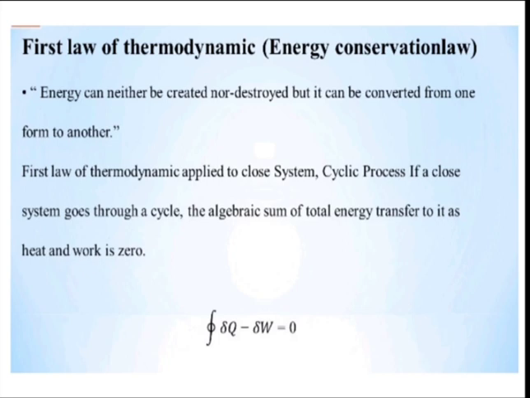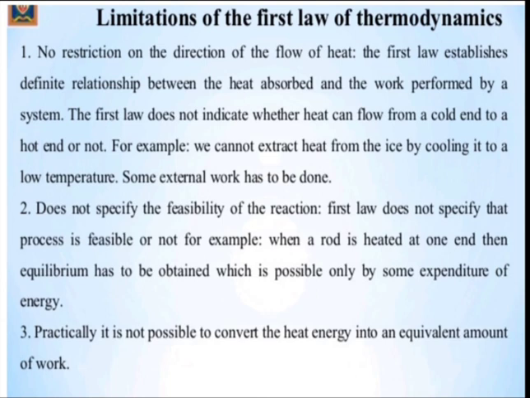Then the limitations of the first law of thermodynamics. There is no restriction on the direction of the flow of heat. Heat can move in any direction. The first law establishes a definite relationship between the heat absorbed and work performed by a system, that is, dQ is equal to dU plus dW. This is the first law statement.